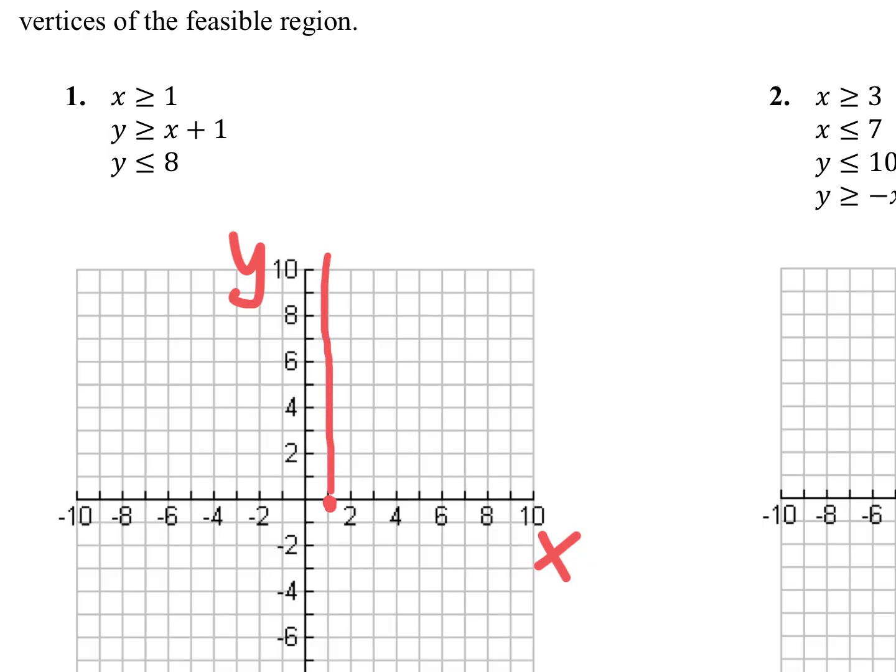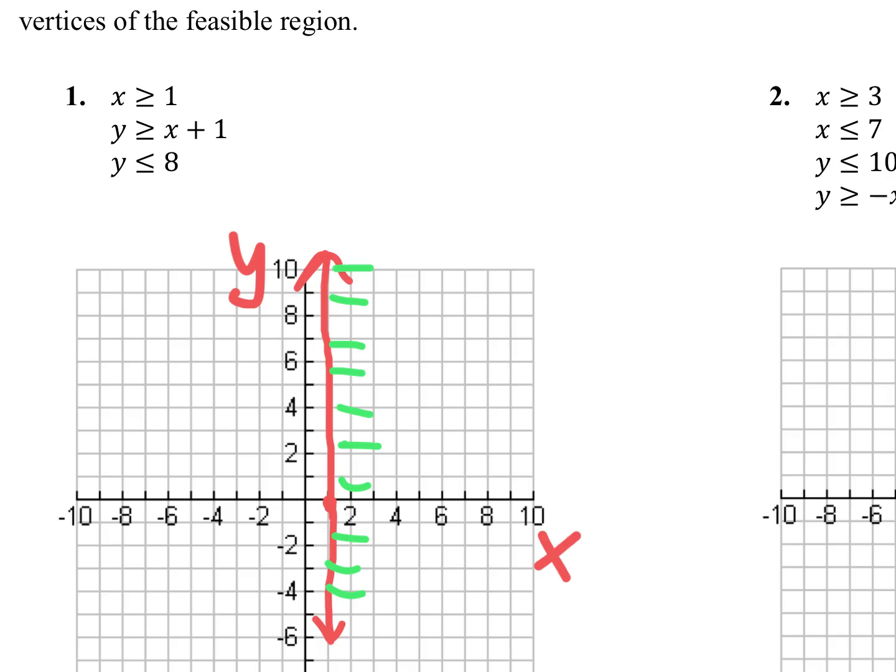The equal to means I have to use a solid line because every point on that line will work. Then it's the greater than part where you shade. You just have to have a feeling for this. Greater means where the X numbers are greater, which is this way, so I'm going to shade it to the right. If it had been a tilted line, you would have to pick shading above or below the line. If the line's straight up and down, you can, of course, pick left or right.